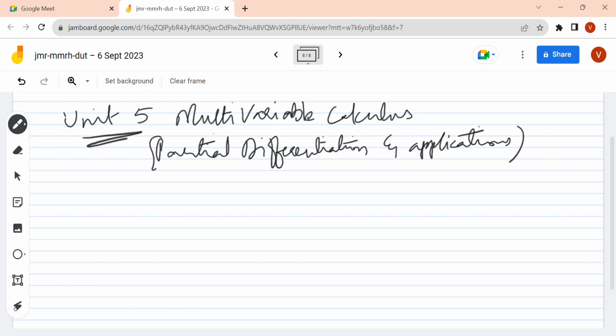Then you have the topics like definitions of limit and continuity. It's very important. Limit and continuity. Then partial differentiation, Euler's theorem.